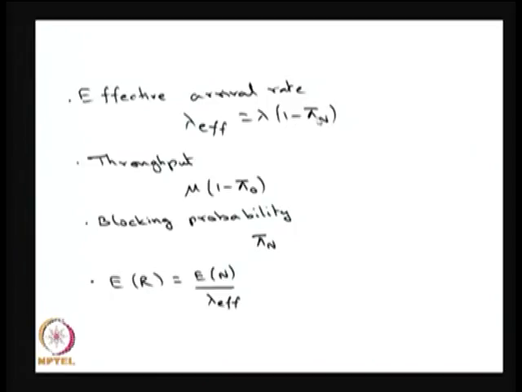Therefore, the probability 1 minus pi n is equal to 1 only. Therefore, the effective arrival rate and the arrival rate are the same for an infinite capacity system, because there is no blocking. For a finite capacity system, the effective arrival rate has to be computed. Similarly, we have to go for finding the lambda effective for the M/M/C/K model also. So, other than stationary distribution or equilibrium probabilities, we are getting the other performance measures using the birth death process concepts.